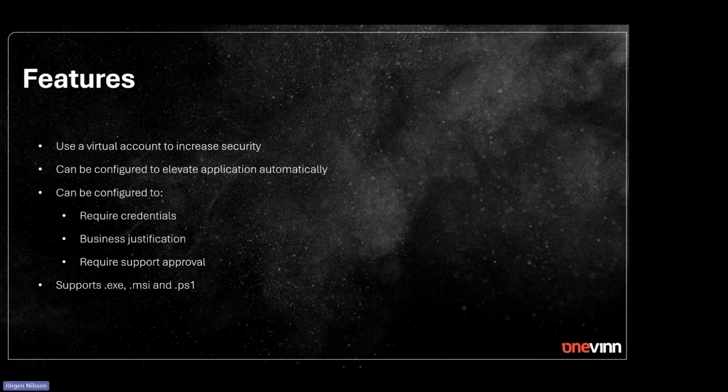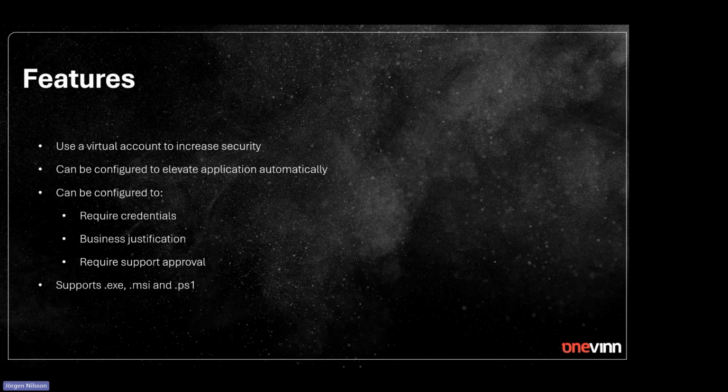We can configure our own rules to say that we want to elevate an application automatically. So if we know an application needs to be elevated, we can elevate it automatically and the end user doesn't have to do anything about it. We can also configure our rules to require credentials, so I have to log on again. It supports Windows Hello for Business and everything in that prompt. We can also require business justification: why do you want to do this?